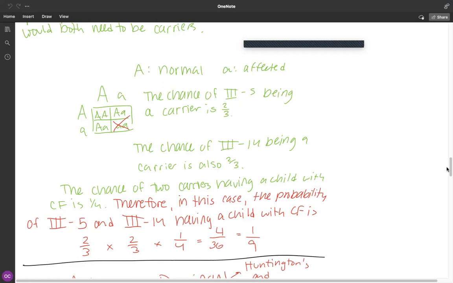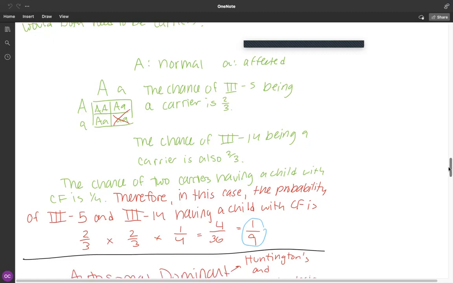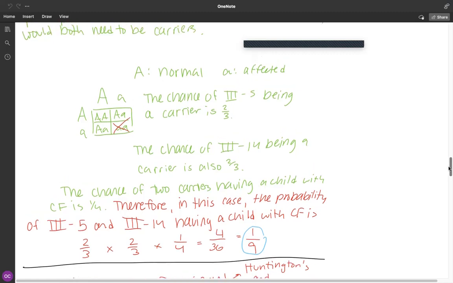And again, we have to assume that all of these outcomes are true. So we have to assume, because we know that 5 and 14 are phenotypically normal, that they are carriers to even consider the probability of them having cystic fibrosis in the first place. And so we use those individual probabilities to find the probability that we're looking for.